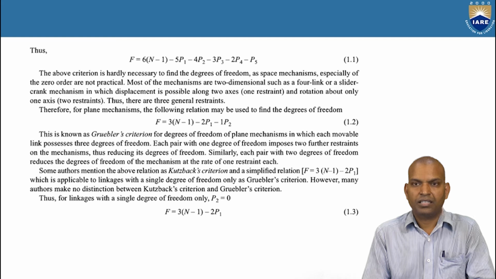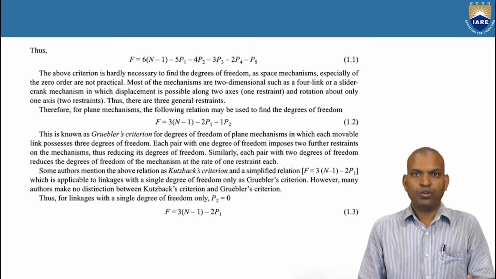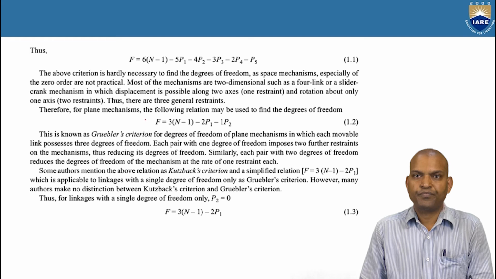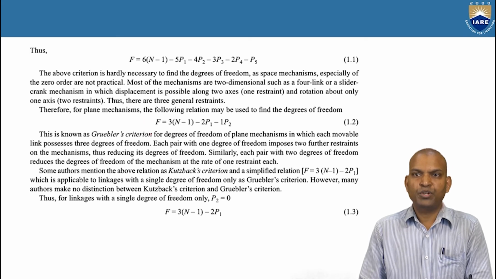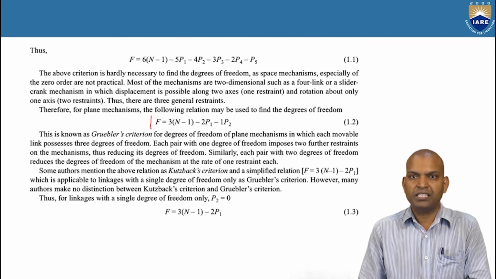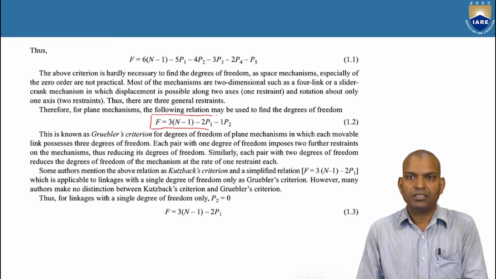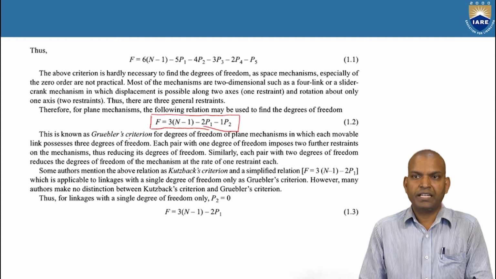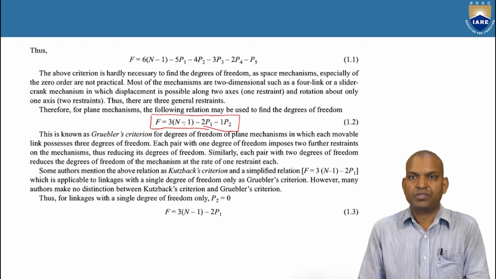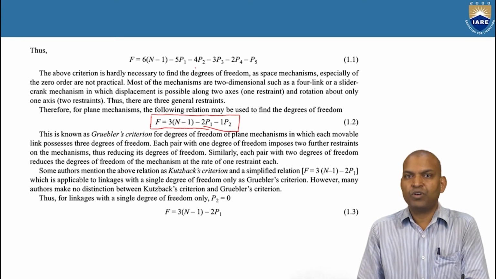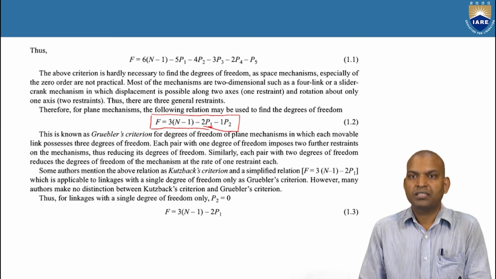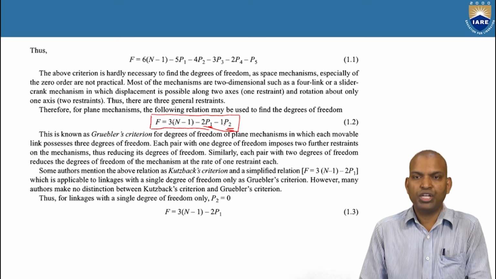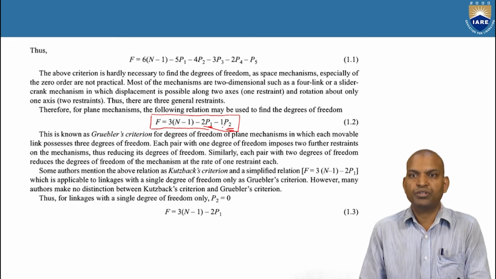So we can understand Grubler's criterion. For plane mechanisms, the following relation can be used to find the degrees of freedom, and this criterion is known as Grubler's criterion. Here p1 is the number of joints and p2 is the higher pair contacts. So F = 3(n minus 1) minus 2p1 minus 1p2.